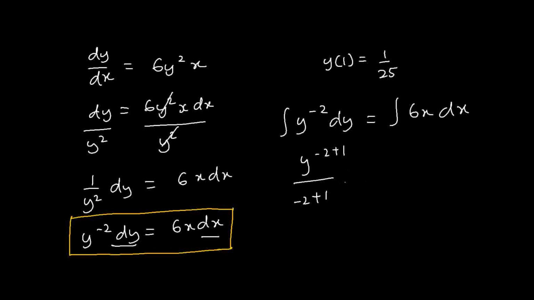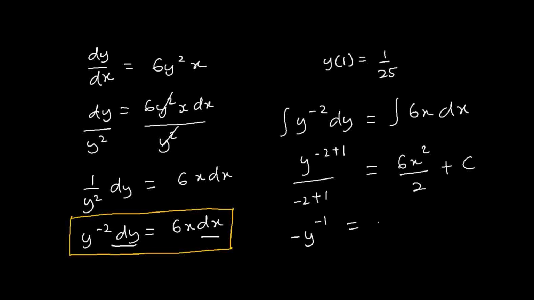For here, let's leave the constant. That will be equal to the integral of 6x, which is 6x squared over 2. Then I'll bring the constant, plus c. So this will give me y to the power minus 1 over minus 1, which is the same as minus y to the power minus 1.